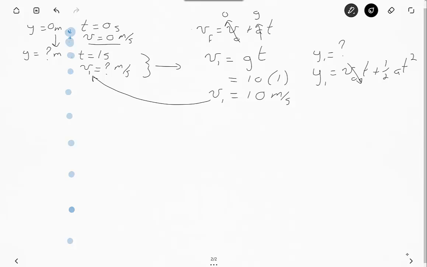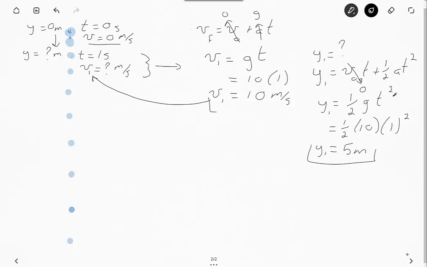Again, V naught T is 0 because V naught is 0. A is gravity, and then we have T squared. So we have 1/2 times 10 times 1 squared. Don't forget to square your time. This is a trap that lots of people get stuck in. So this turns out to be 5 meters. So the ball is now getting a speed of 10 meters per second and has traveled 5 meters.